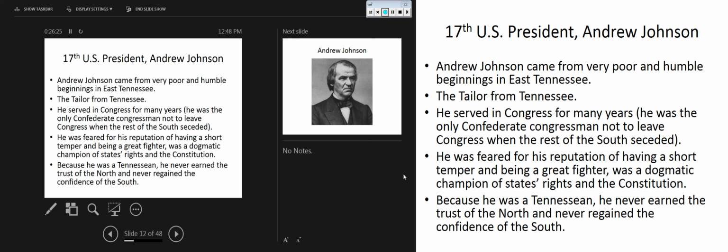All right, so that moves us on to Andrew Johnson. Johnson is going to take the oath of office. He's from very poor and humble beginnings in East Tennessee. He's a tailor from Tennessee.